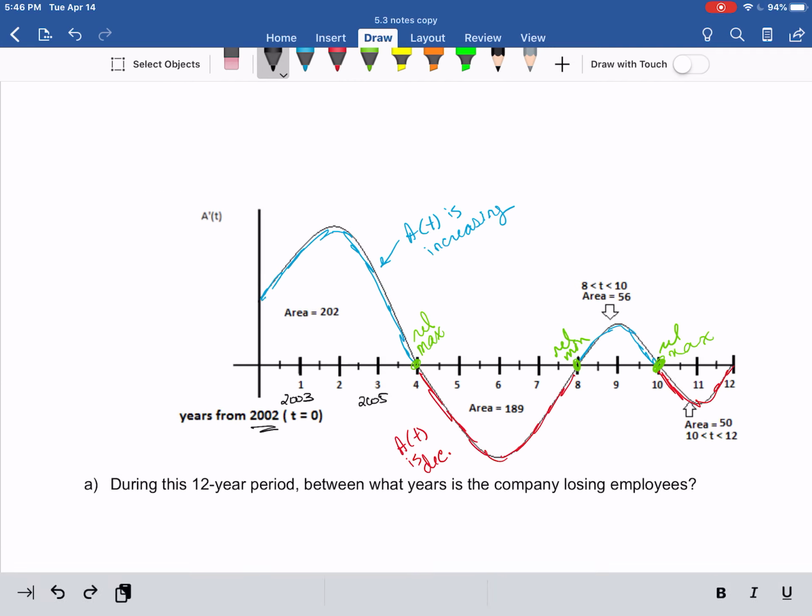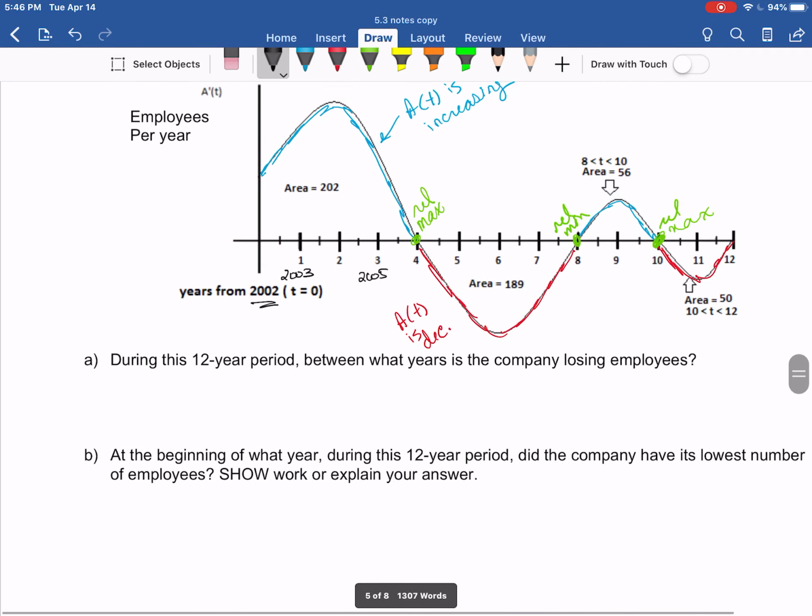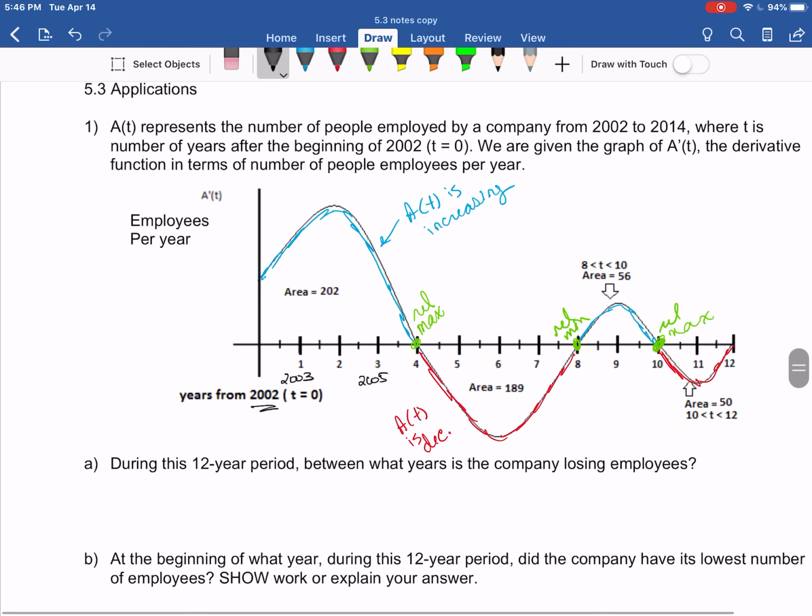This is 2006. This is 2007. 2009. Don't have enough space in there, so I'll just put 2014 at the end. And so that's going to help us out when we understand how to interpret the questions that are going to follow.